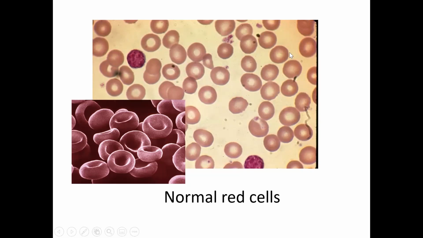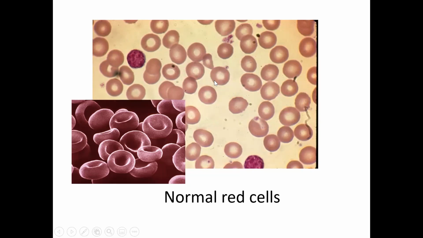So these are what normal red cells look like on a slide that has been stained, and you will learn about the stains in your practical classes. So when you come to look at red cells and you want to know, is this a normal red cell? It looks round.